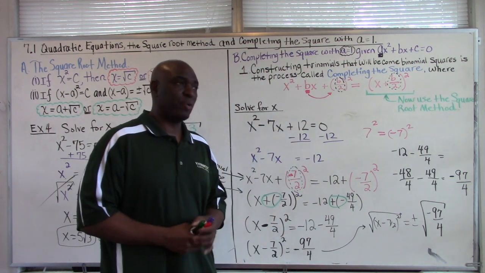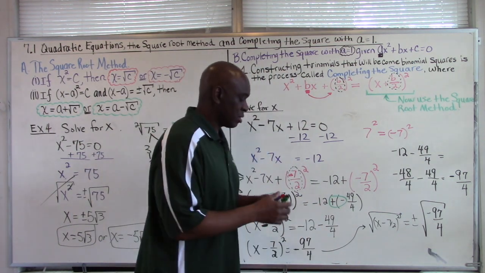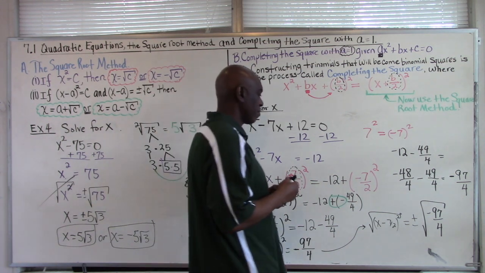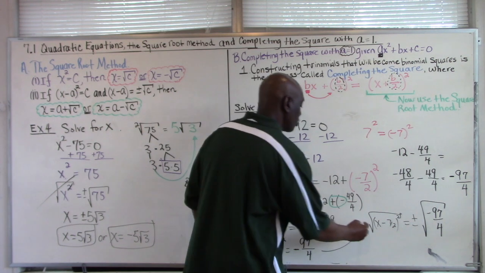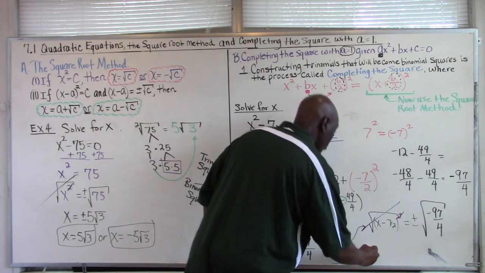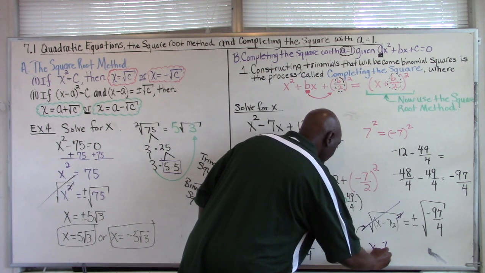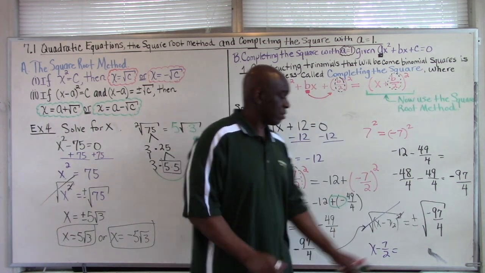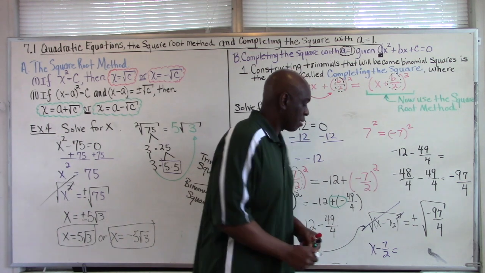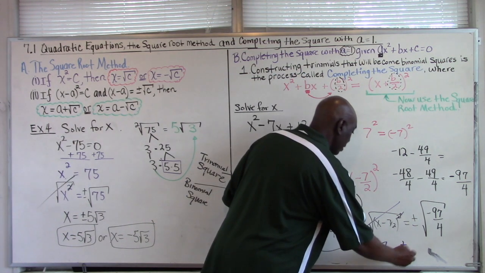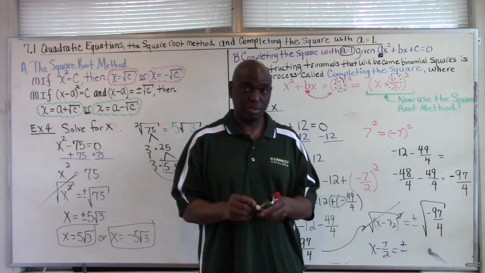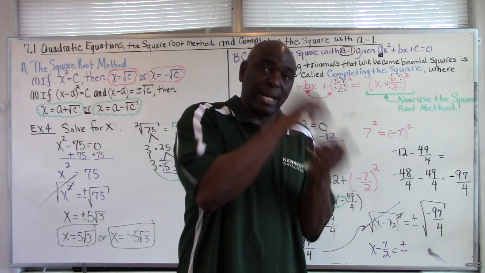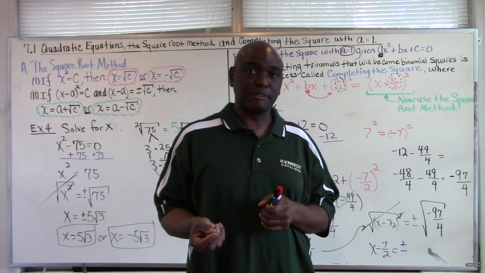And once again, you have to go back now to lesson 6.1. This is important. Watch this. Notice this, that my square root and my square cancel, so I have x minus 7 halves equals. Uh-oh. What do you notice about this section right here? Plus or minus what? Is the negative inside the radical or outside the radical? Okay?